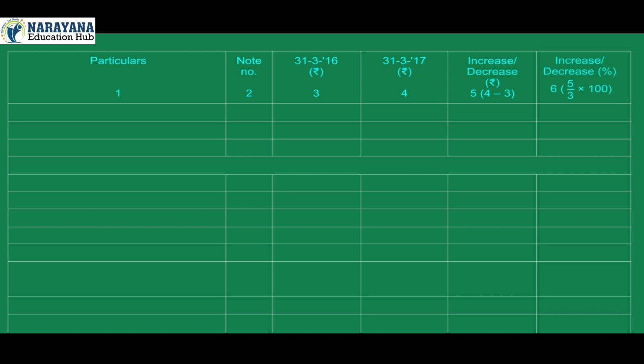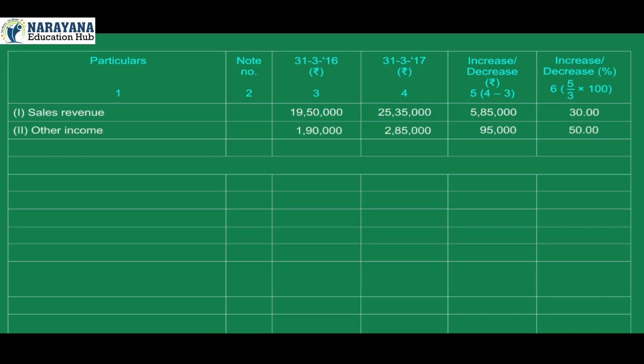Increase or decrease in percentage, in bracket 5 divided by 3 into 100. 1. Sales revenue 19,50,000, 25,35,000, 5,85,000, 30.00%. 2. Other income 1,90,000, 2,85,000, 95,000, 50%.